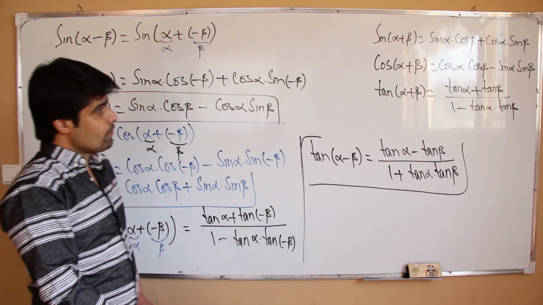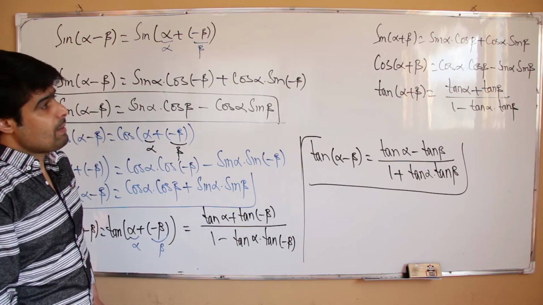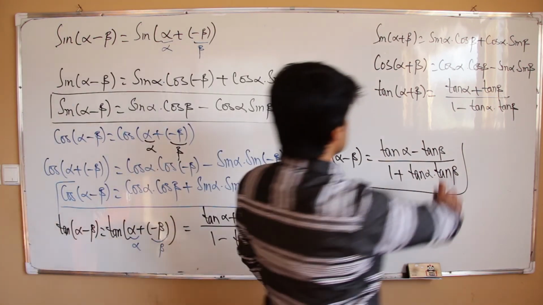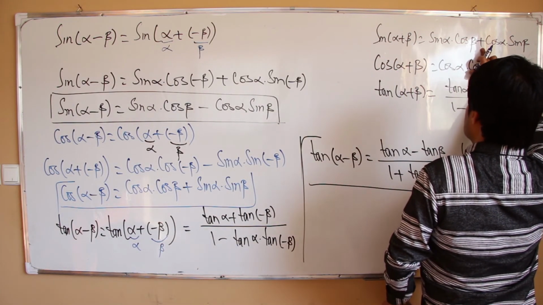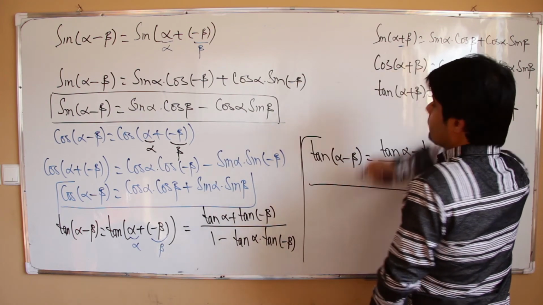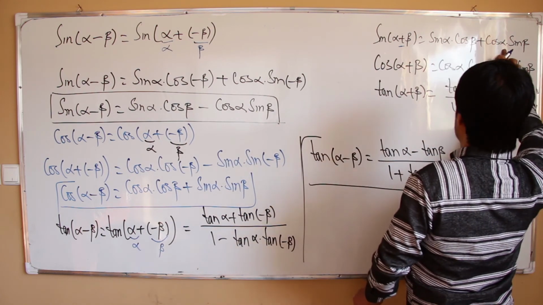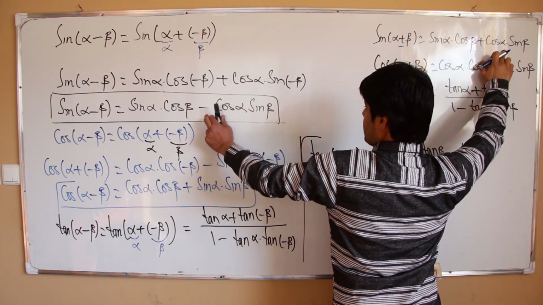Now what do you see as the changes between the sum and difference? Listen, sine of alpha plus beta, if this one is plus, it is plus. If this one is negative, the terms are the same, but this symbol is different: it is negative.